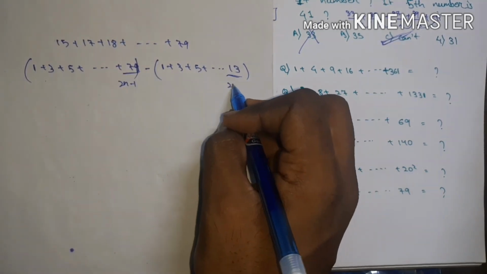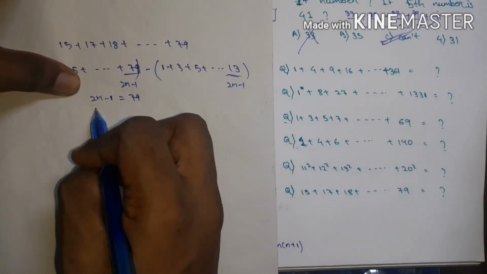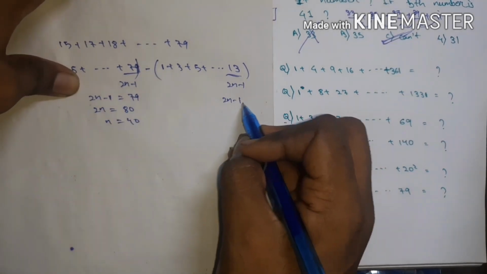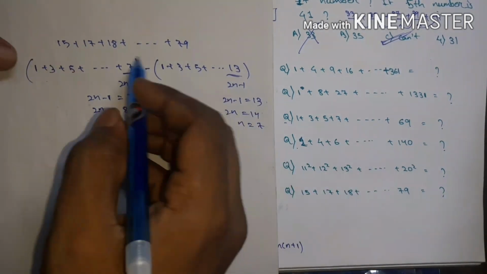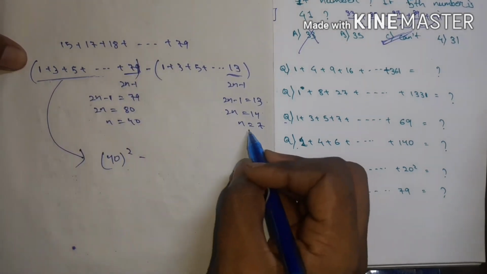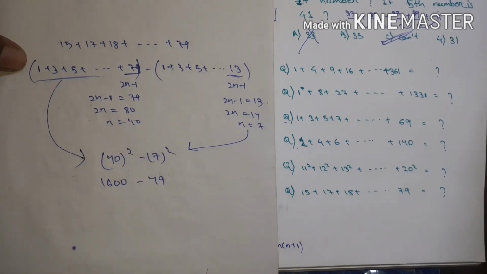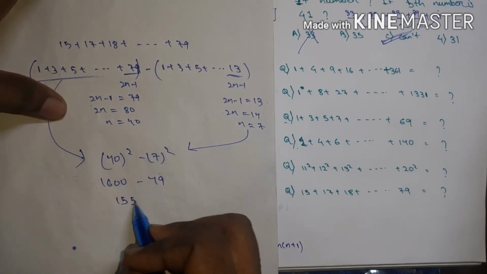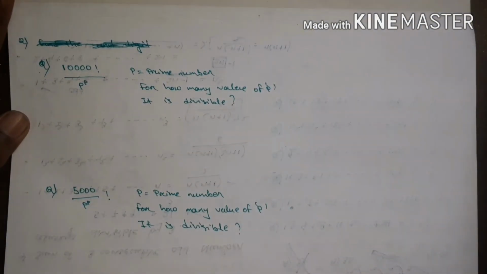If 2n minus 1 is 79, 2n equal to 80, n equal to 40. 2n minus 1 equal to 13, 2n equal to 14, n equal to 7. Then what is the answer? According to the formula, it is 40 square minus 7 square, 1600 minus 49. Then what is my answer? 1551. Okay, got it.